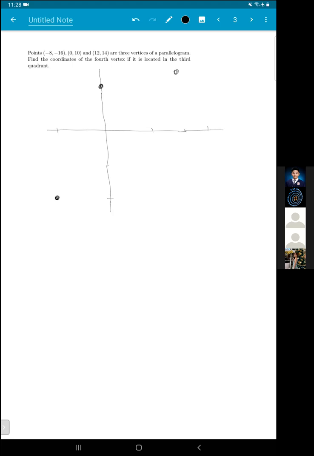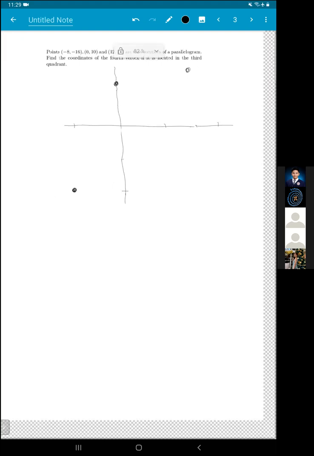So, nasaan yung third quadrant natin? Diba, ito yung quadrant 1, quadrant 2, quadrant 3, quadrant 4. Actually, nung unang tingin ko, ang inisip ko dito eh. Pwede yan. Kaka-form ka ng parallelogram dyan. Pwede, yung parallelogram is any quadrilateral whose opposite sides are parallel to each other. Pero nasa third quadrant siya.